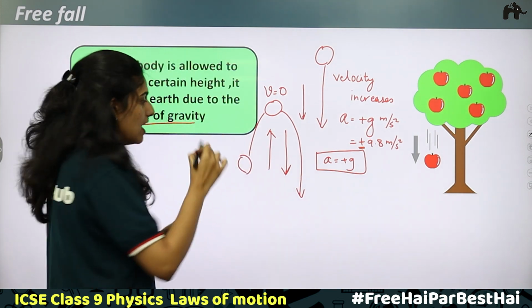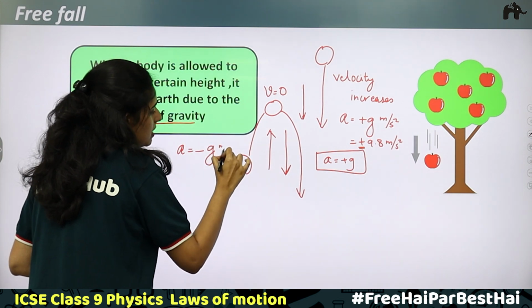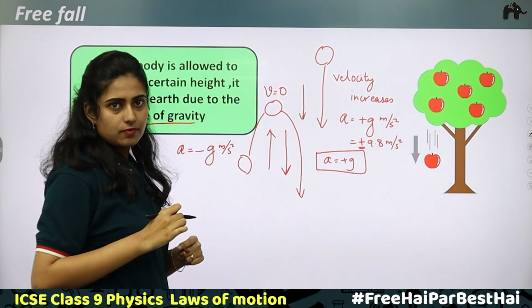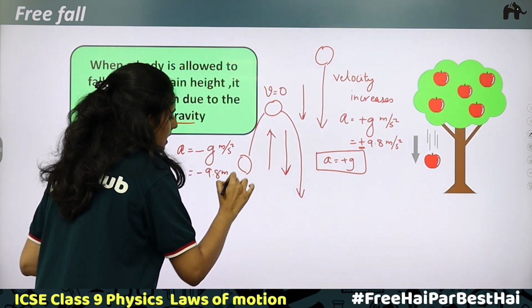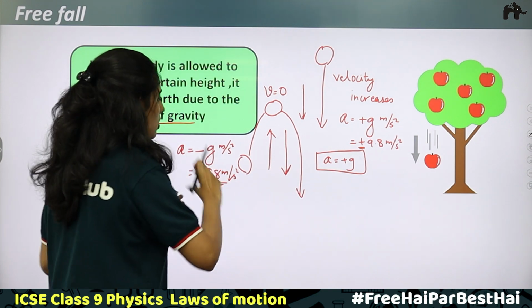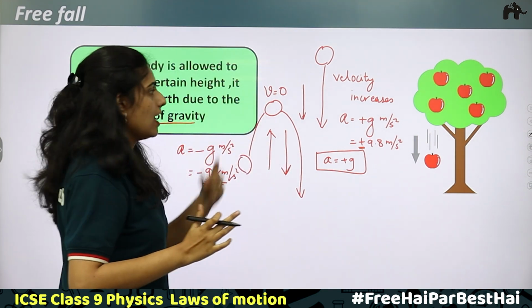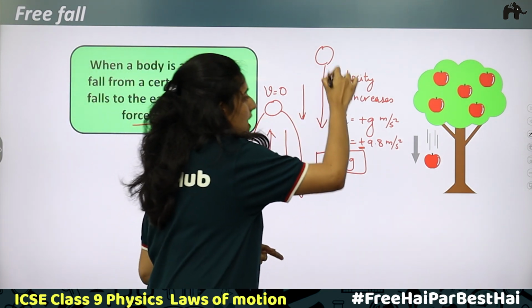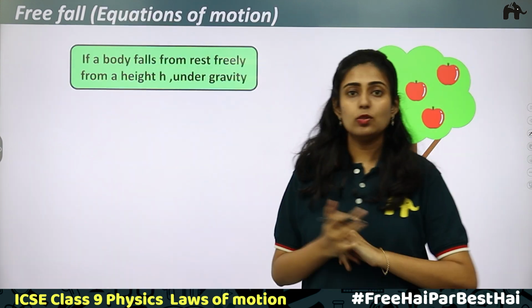Therefore, in this case, acceleration will be equal to minus g meter per second square. Minus 9.8 meter per second square is the acceleration when the body is moving in a direction opposite to the direction in which the force is acting. In the first case, the body is moving in the same direction as the direction in which the force is acting. Clear?